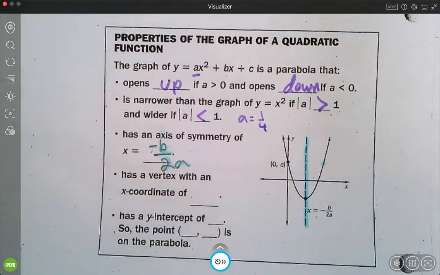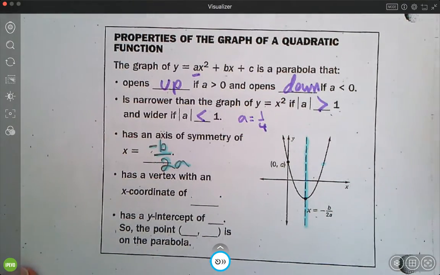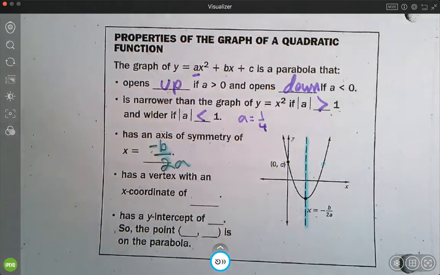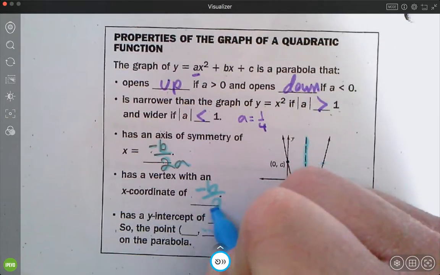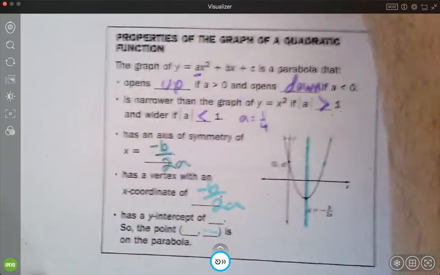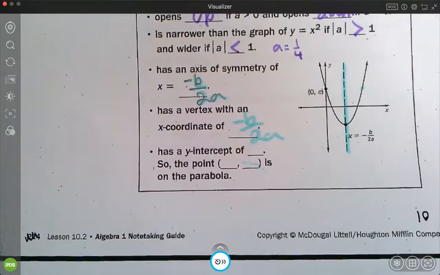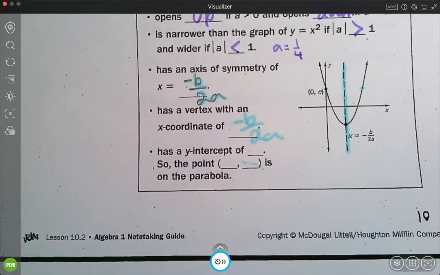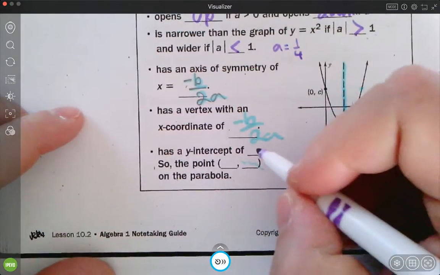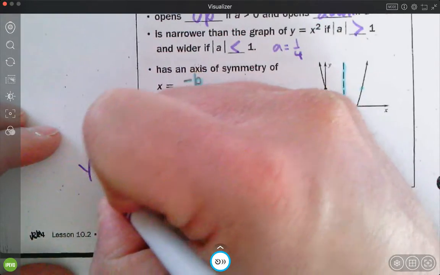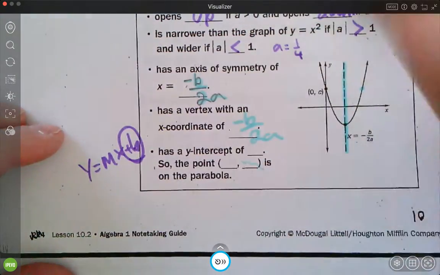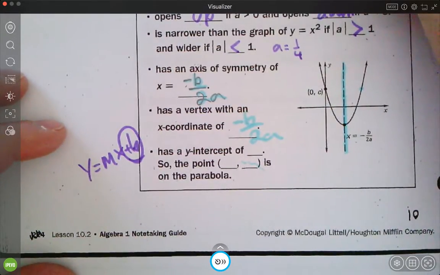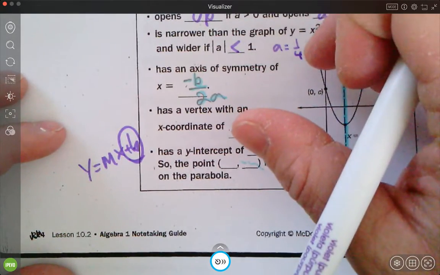So the vertex has the coordinate of x, so that will find you your x coordinate. So again, it's negative b over 2a for your x coordinate. So one thing I didn't mention last week that was kind of interesting is your y-intercept. Remember if we think back, y equals mx plus b, b was your y-intercept. And I can't even think back to exponentials.